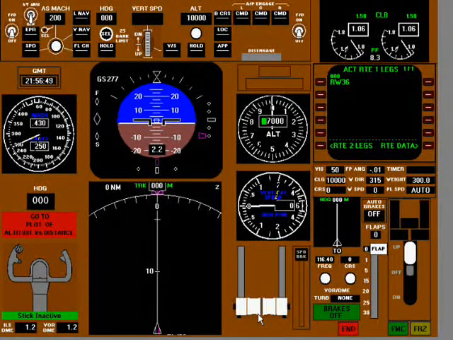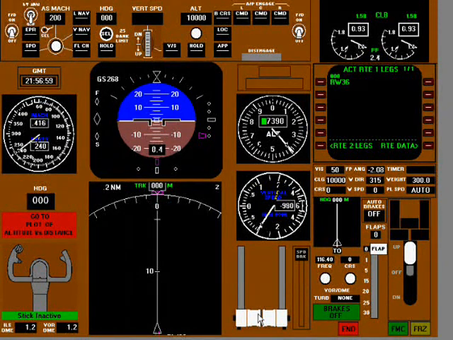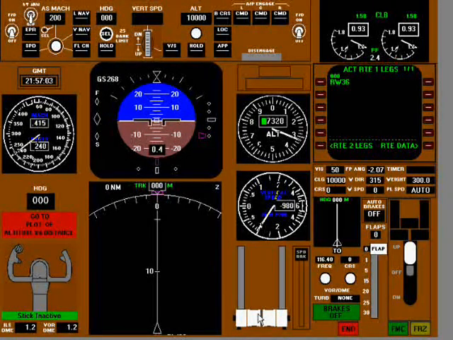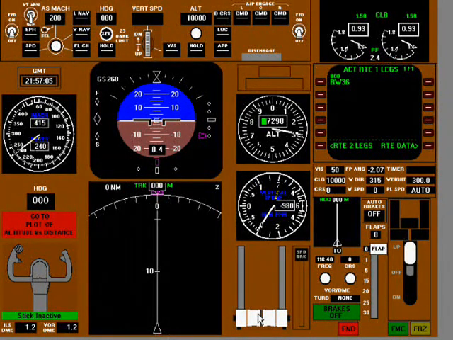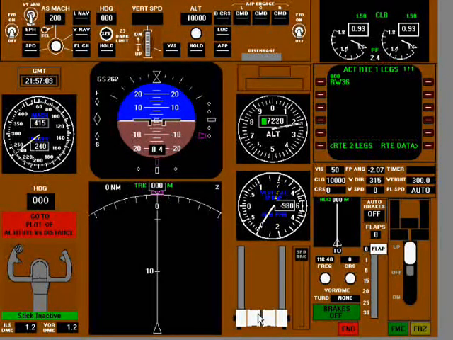Next, we will be in a descent approaching 7,000 feet. Our initial speed is 240 knots. Pitch attitude is 0.4 degrees. And again, using an early altitude lead, we will rotate to the zero rate pitch attitude.